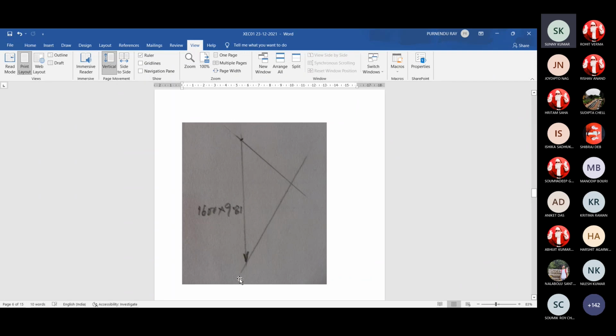So draw a straight line. From this point, draw a straight line parallel to theta 1, and you do not know where to stop because you do not know the magnitude. So you draw a straight line and extend it up to a certain reasonable position.